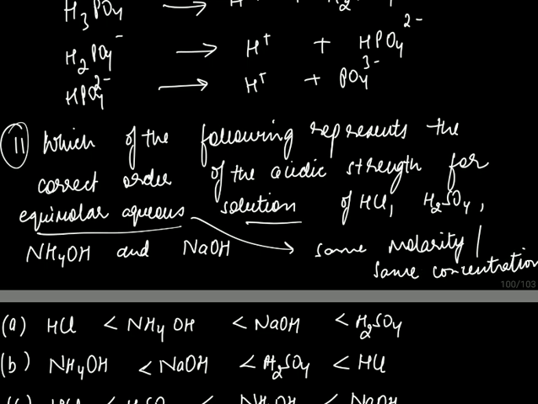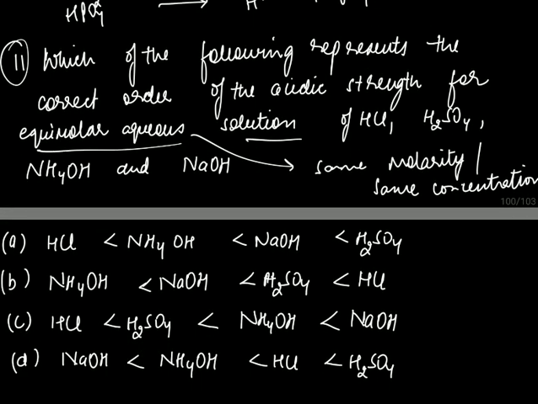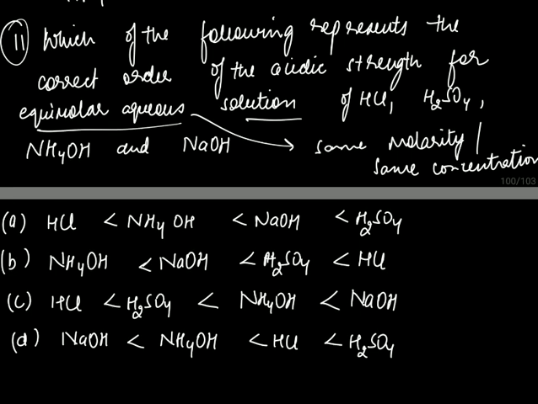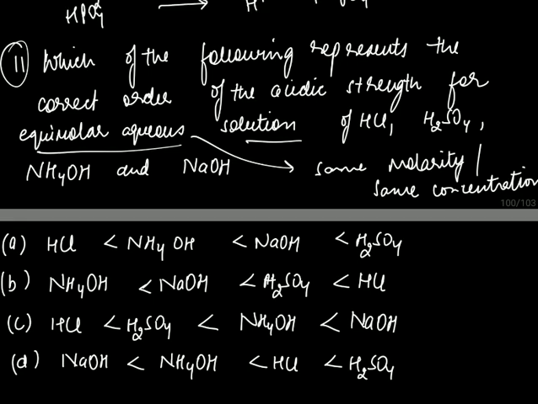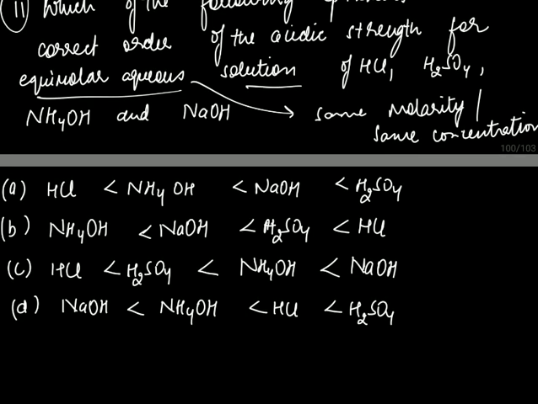Equimolar means the concentration is not changed. Since the concentration is not changed, we can actually find the acidic strength. So we have to find the correct order, and we have to use our brain here to understand which will be a stronger acid. See, it's the correct order of pH we need to find.